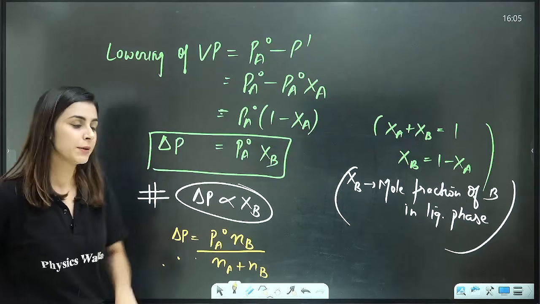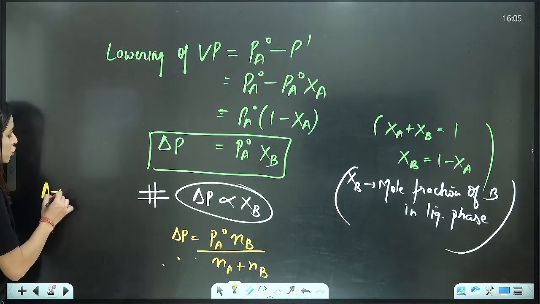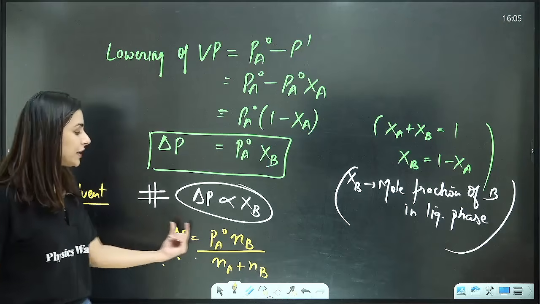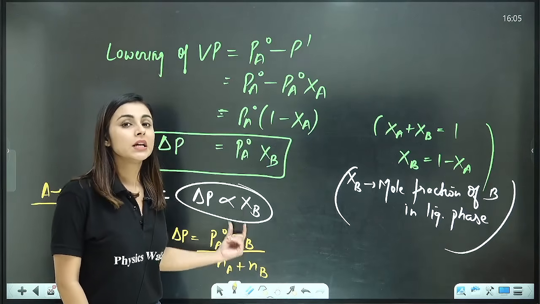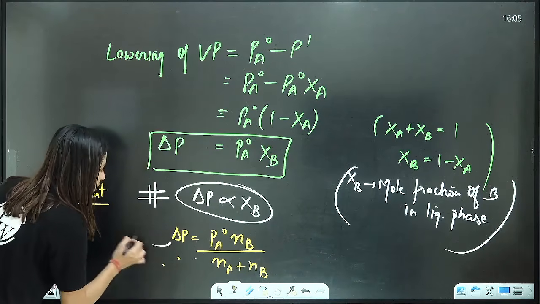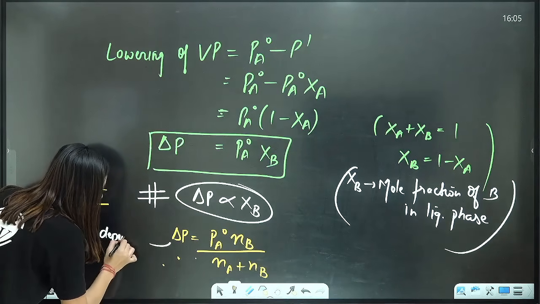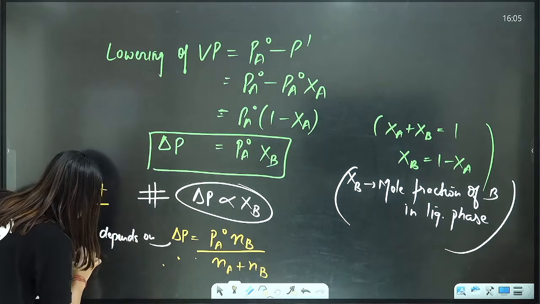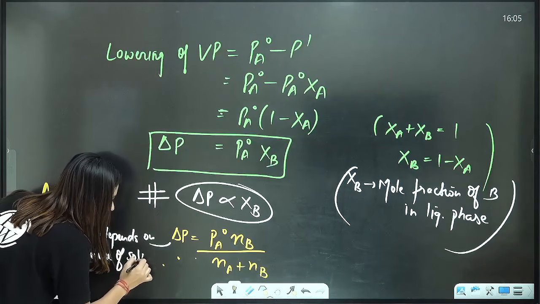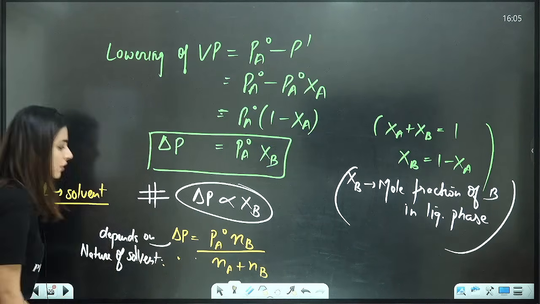A is your solvent, and B is your non-volatile solute. Since it depends on PA naught, delta P depends on the nature of solvent.